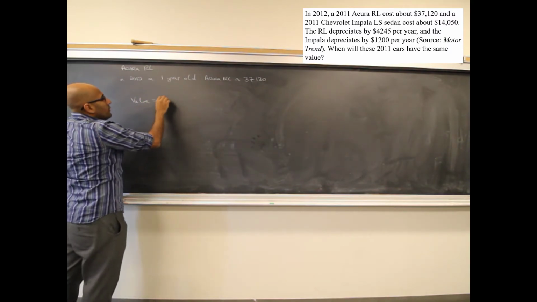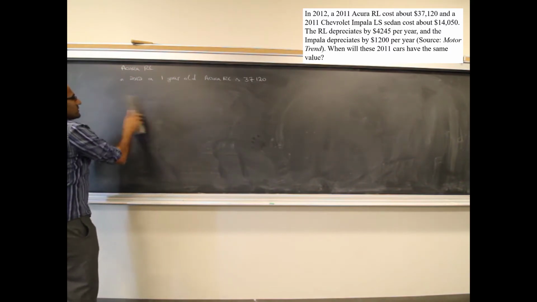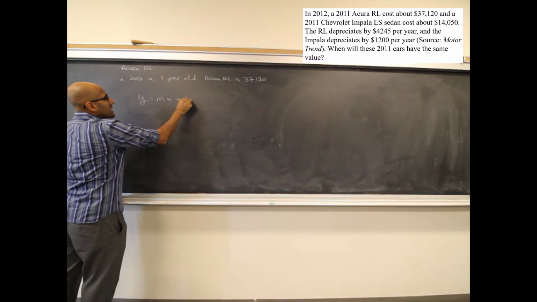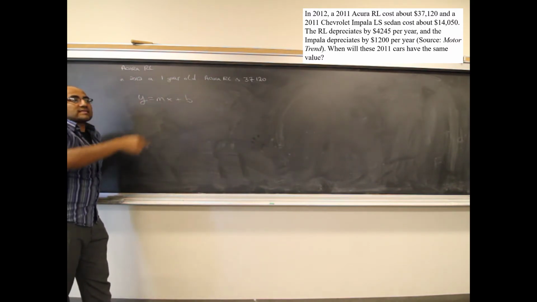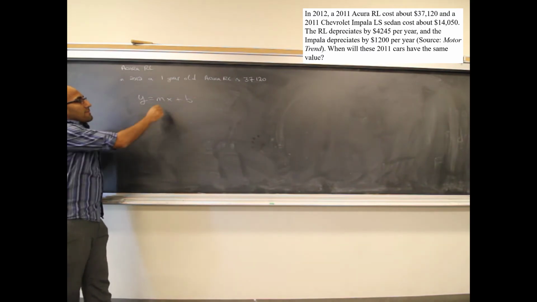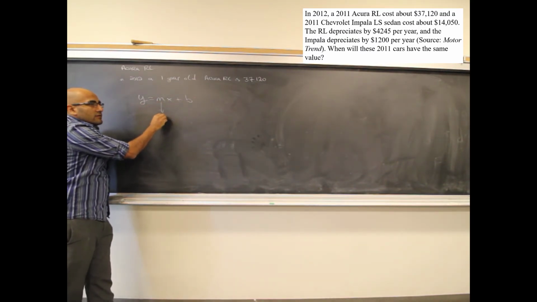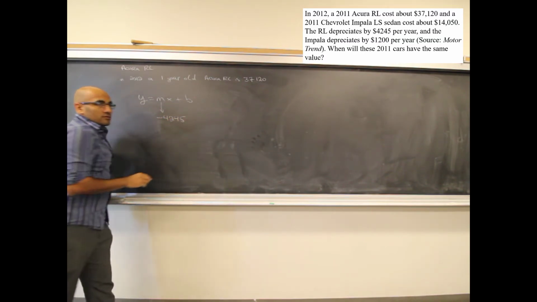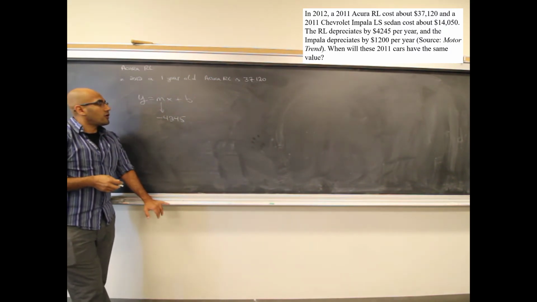I'm looking for a linear equation, y equals mx plus b, right? I know it's going to be a line. We decrease consistently, and I know that means the slope must be negative 4,245, because it's going down by that amount every year, all the time.